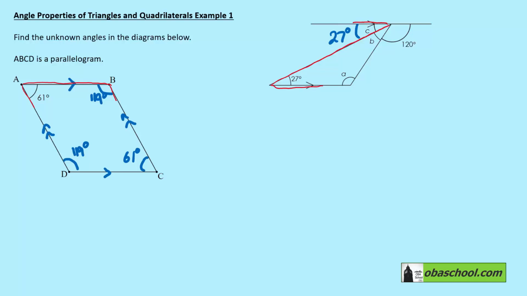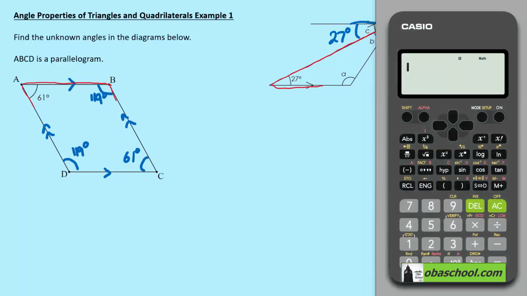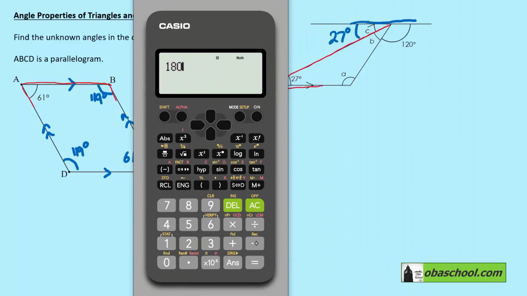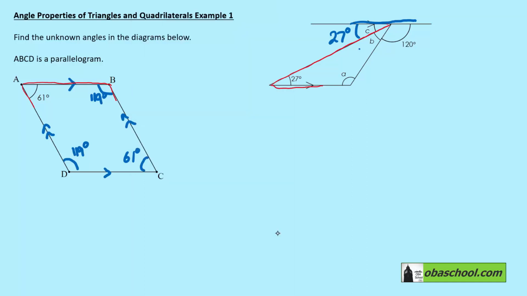Now, these three angles being on a straight line must add to 180. And so, if we do 180, take away the 120 and the 27, that tells us that this angle here is 33 degrees.